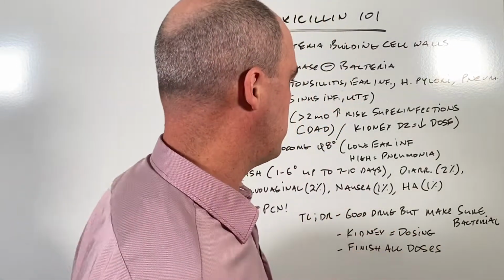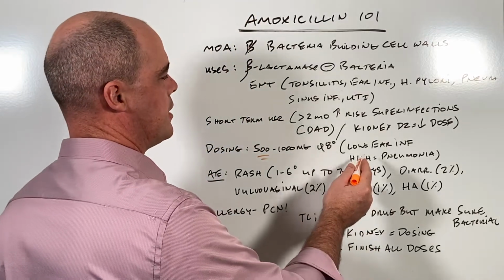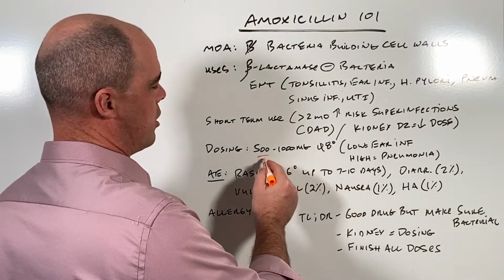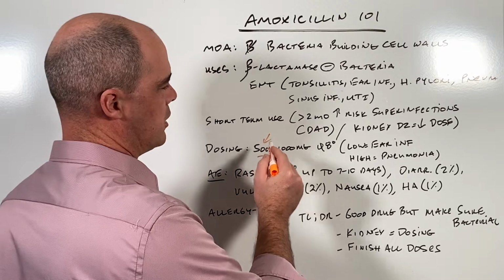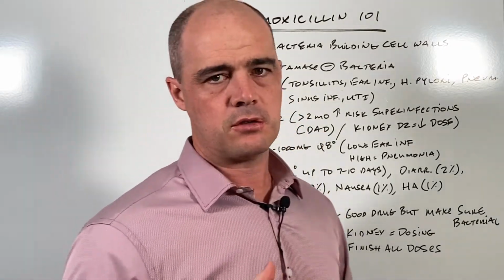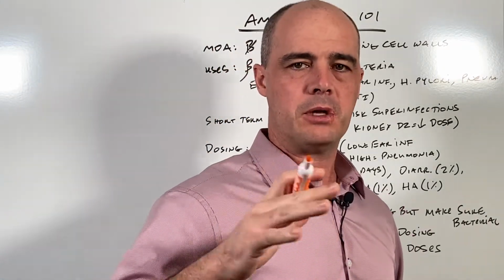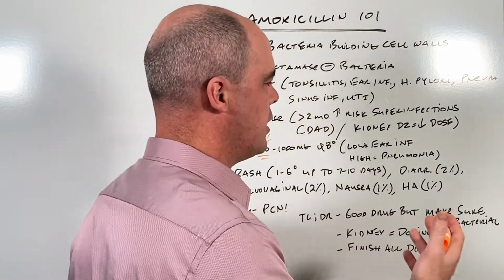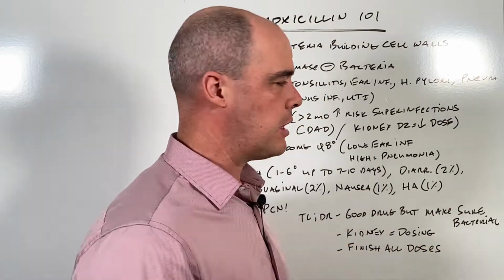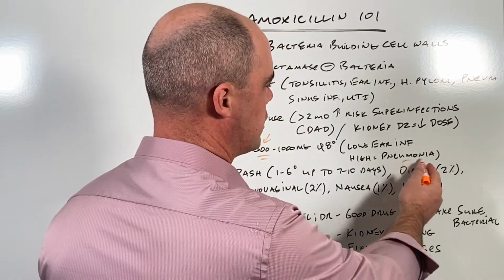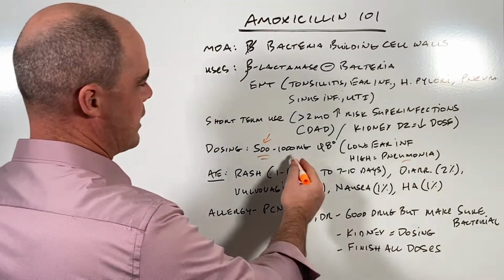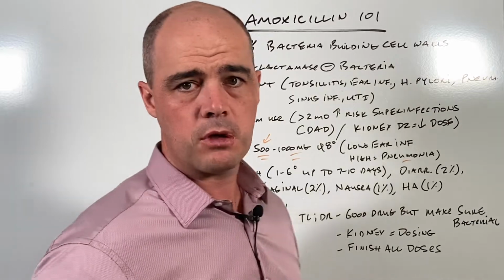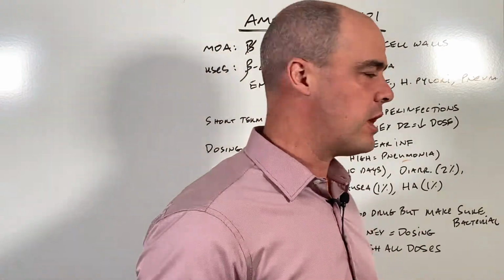We'll talk a little bit about that in a second. Now, why the range? On the low end, we're going to be looking at less serious things. Not that an ear infection isn't serious, but for an ear infection you'd probably be looking at 500 milligrams every 8 hours. For something a little more serious like pneumonia, we may get up to that higher range, 1,000 milligrams every 8 hours. So that's why we have that range.